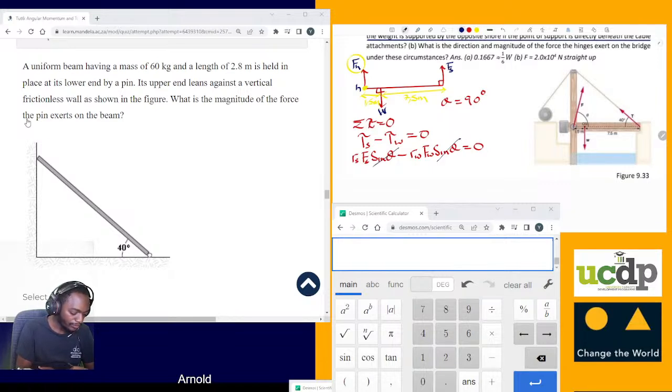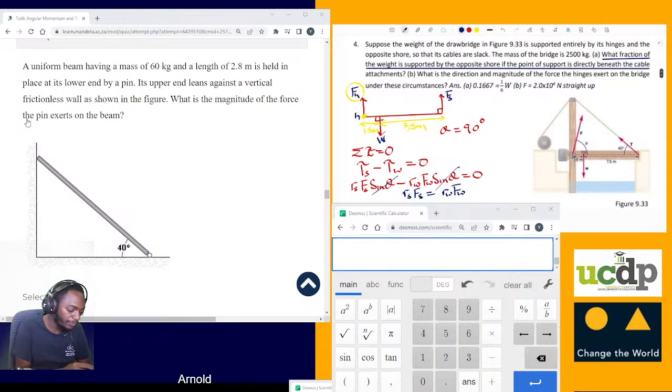Which means we'll remain with RS FS equals RW FW, and we are actually looking for the fraction of the weight which is supported by the opposite shore.